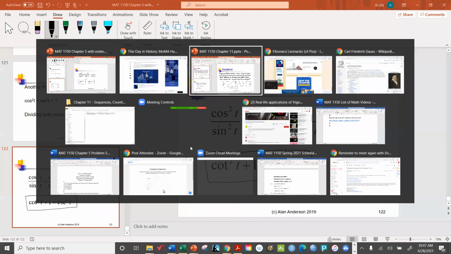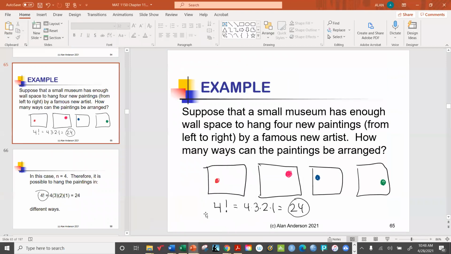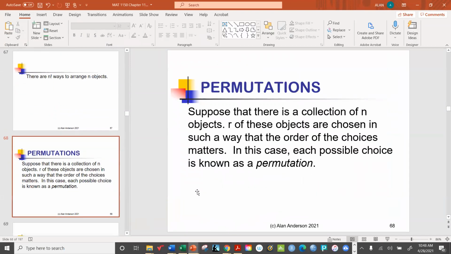So, let's get back to where we were. Now, what if we don't want to arrange all of our objects, but we want to choose a smaller collection of those objects? You want to pick objects from a larger collection.